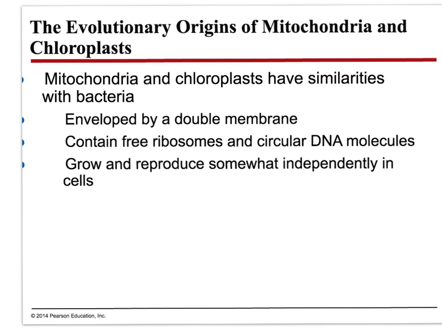And the fact that they grow and reproduce somewhat independently, that's what we use for evidence and support for what we call the endosymbiont theory of origin of mitochondria and chloroplasts. That at some point in time, they were free-living organisms, much like bacteria and photosynthetic bacteria that are present in the world today.